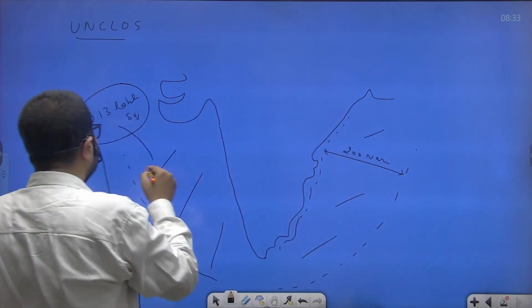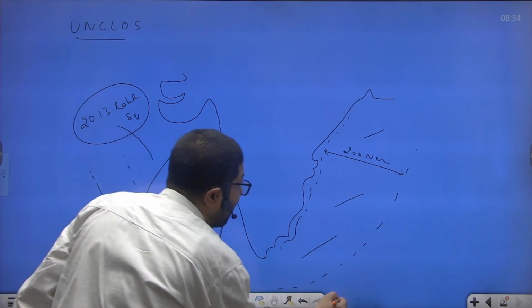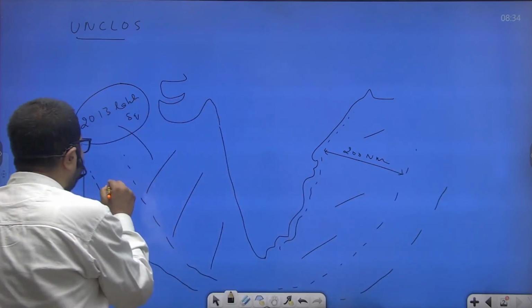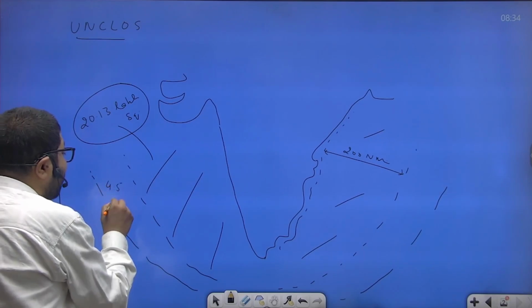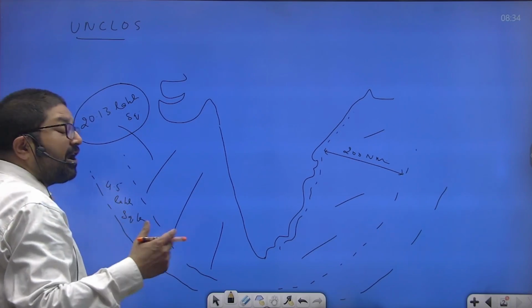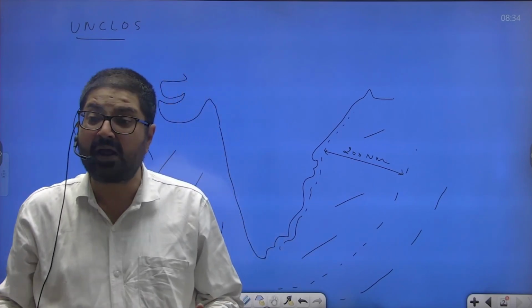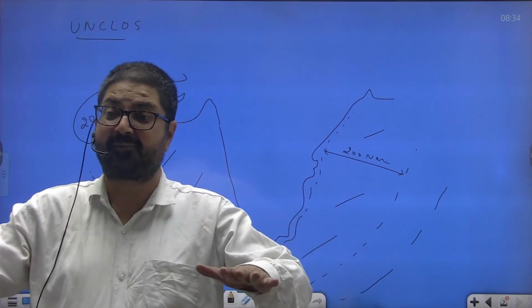In addition to this, India has command over an additional area of 4.5 lakh square kilometer of shelf area, purely because India's coastline is long and shelves are wider.